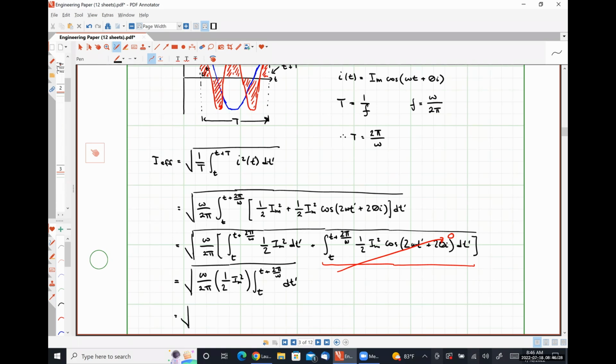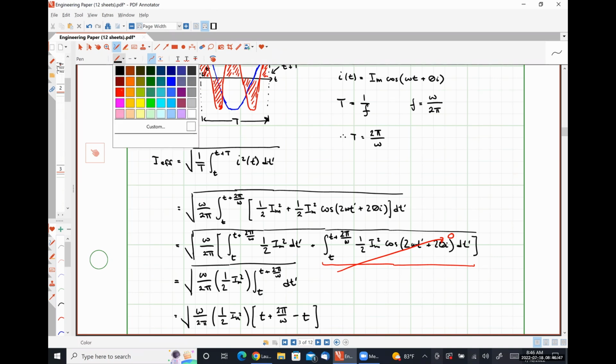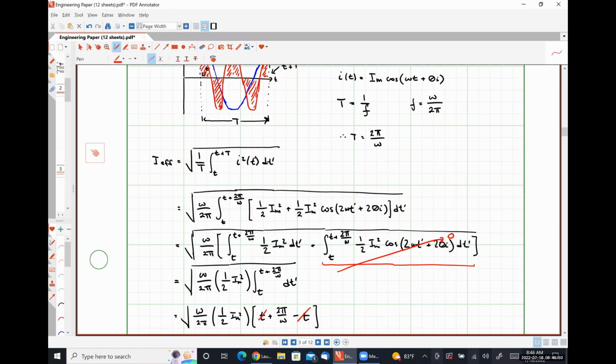So if we do that integration, we'll have t plus 2 pi over omega minus t. Obviously, this bit cancels this bit, and we have a factor of 2 pi over omega multiplied by omega over 2 pi, so those guys cancel each other out, giving us 1.